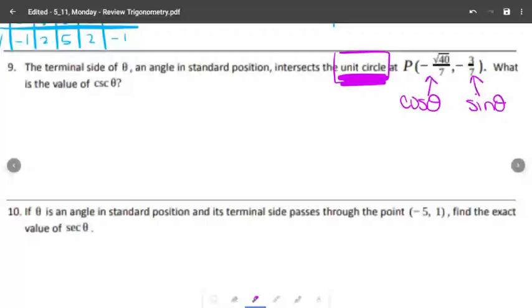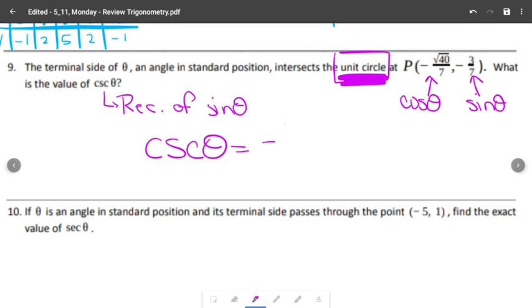What is the value of cosecant? Cosecant, remember, is the reciprocal of sine. So since sine is -3/7, cosecant is -7/3.